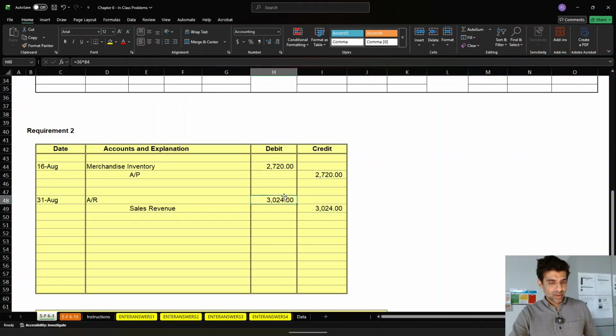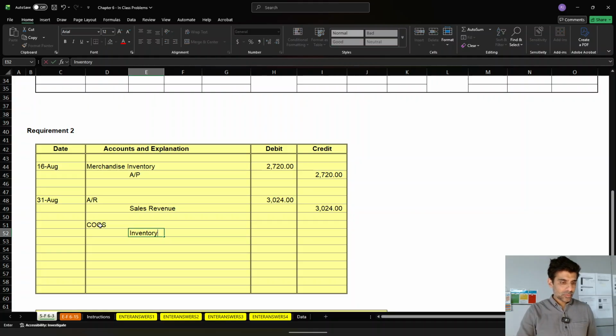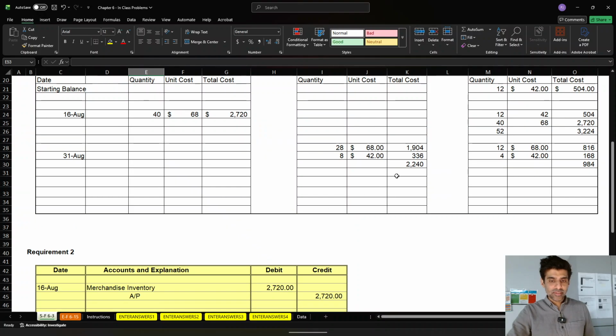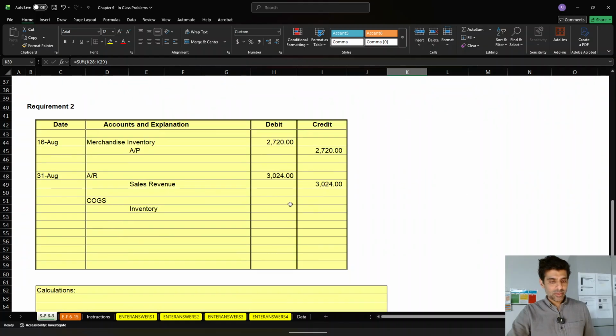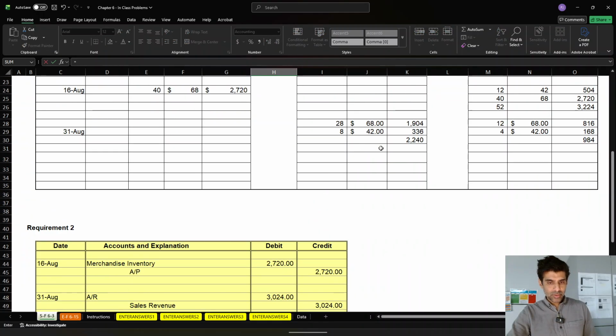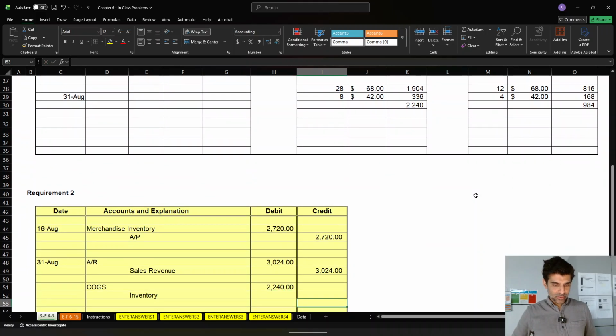Again, it was 36 bikes sold for $84 each. Now we do the second journal entry, which is cost of goods sold and inventory. And I just calculated that right here. So I'll just cell reference this.